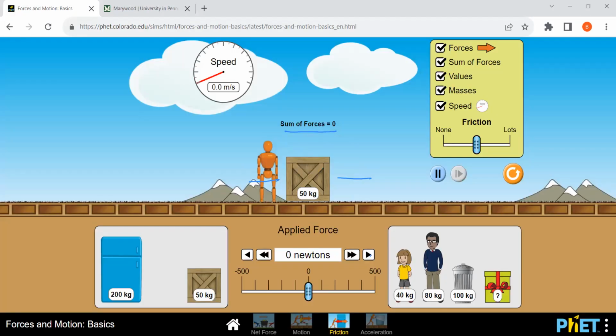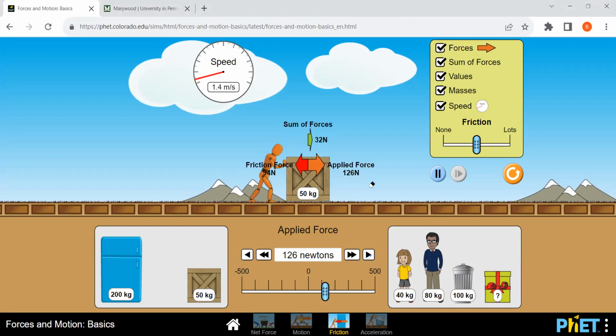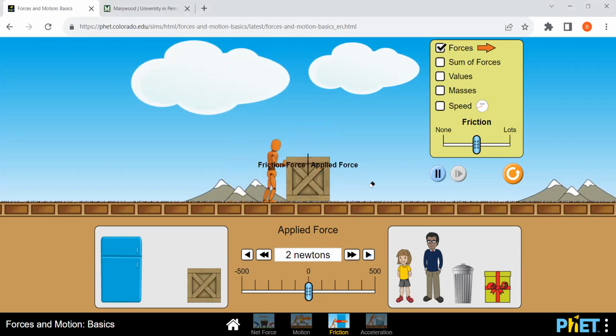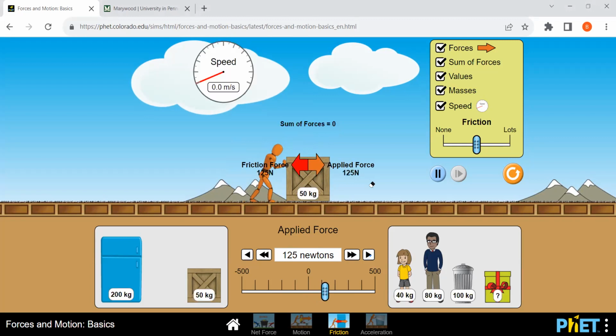Let me draw it again. All right, so you see that when we have the applied force equal to 125 Newton, it's balanced by the friction force, there is no motion.